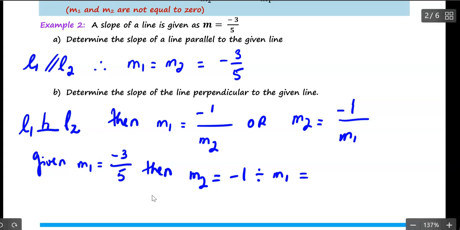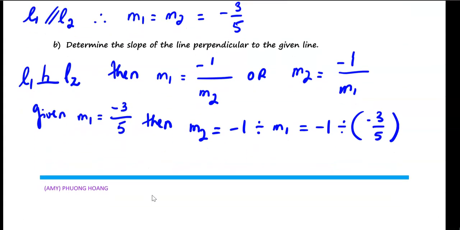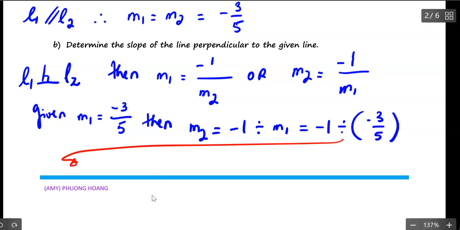I'm going to write it like this: negative 1 divided by negative 3 over 5. So how do we divide by a fraction? When dividing by a fraction, you must change it into a multiplication.